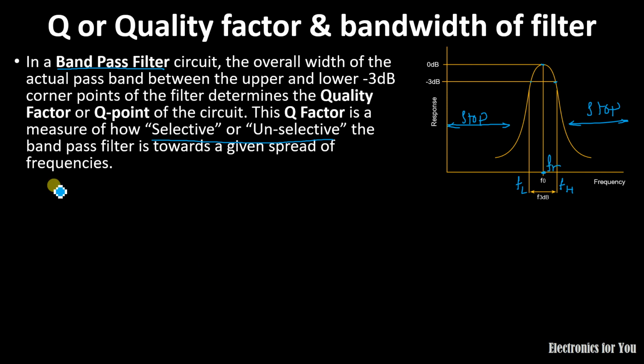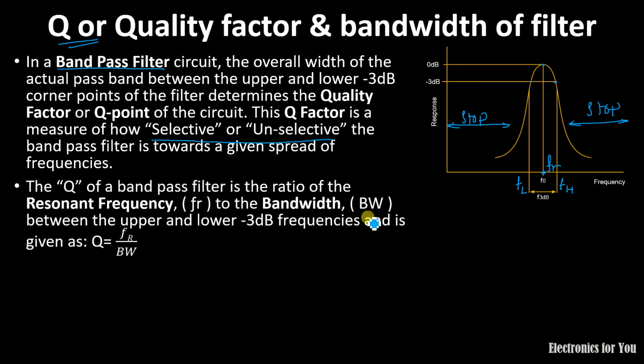Now the relationship between them is actually the quality factor, and it is the ratio of resonant frequency and bandwidth, where resonant frequency is calculated by the square root of fh multiplied by fl, and bandwidth is actually the difference between higher cutoff frequency and lower cutoff frequency.